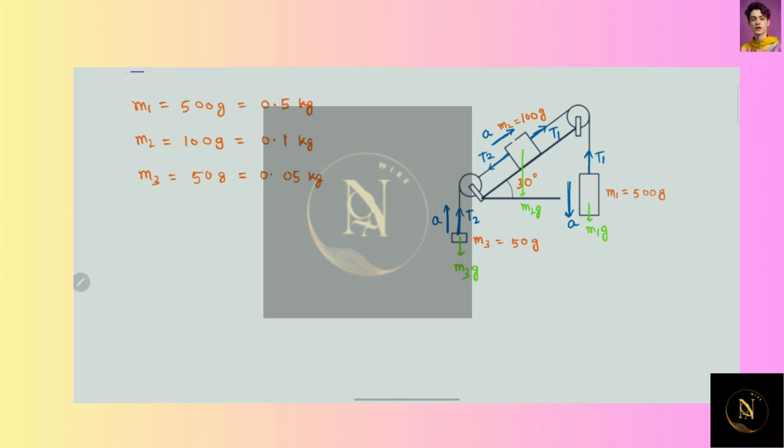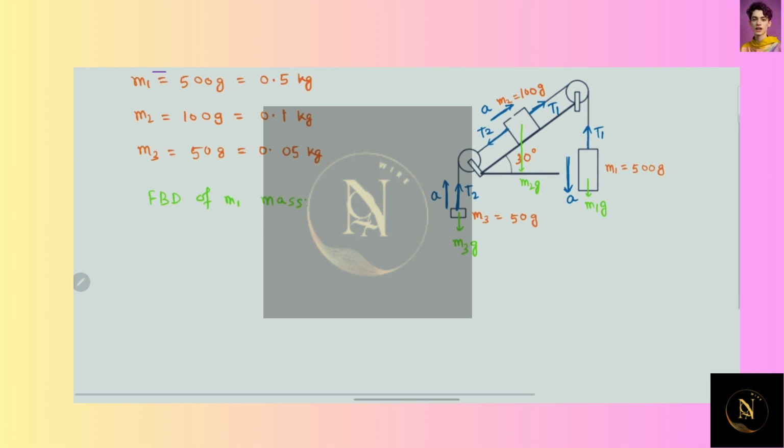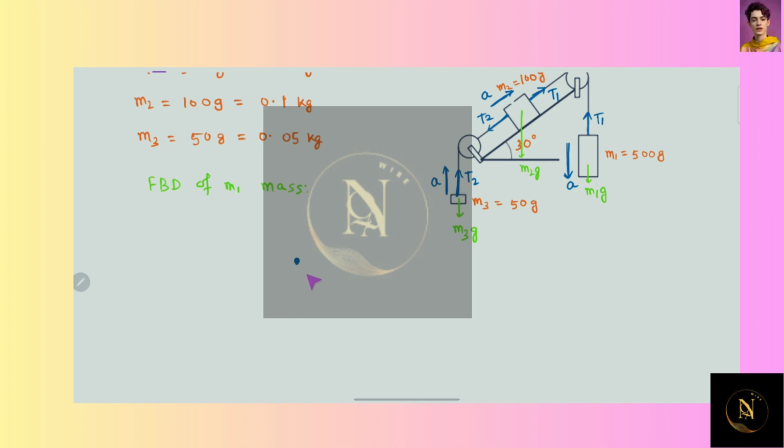Now if I draw the free body diagram for M1, I will write FBD of M1. We can replace M1 by a point, on which the downward force is M1G. M1G is downward, tension force T1 is upward, and due to that the whole block is going downward with an acceleration of A. If I write Newton's second law for this block, the net force downward is M1G minus T1, which has to be equal to M1A.